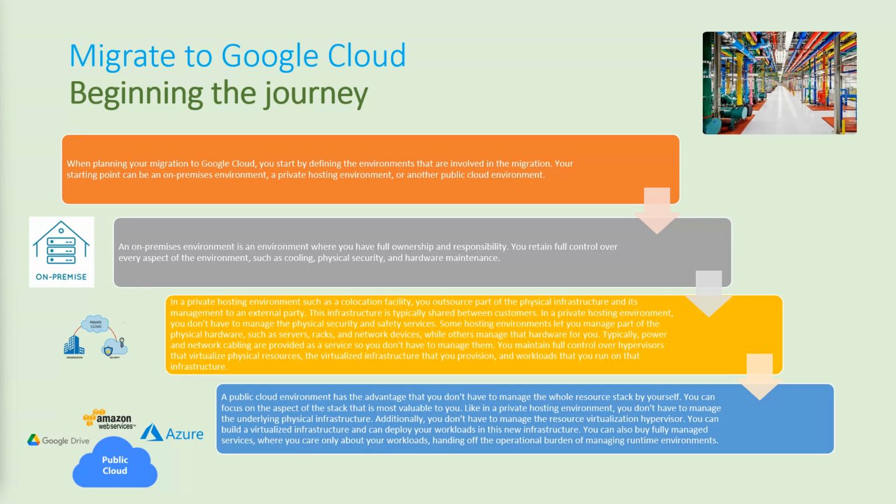You can build a virtual infrastructure from the ground up, meaning you're not setting up servers but actual virtual load. You can deploy your workload in a new infrastructure provided to you by the cloud provider. You can also buy fully managed services where you only care about your workload and let them handle day-to-day management of the runtime environment.